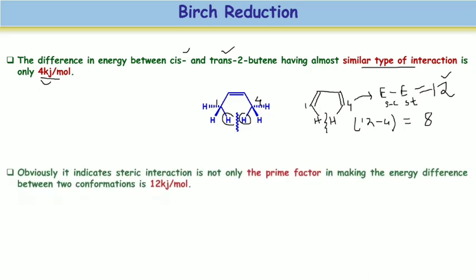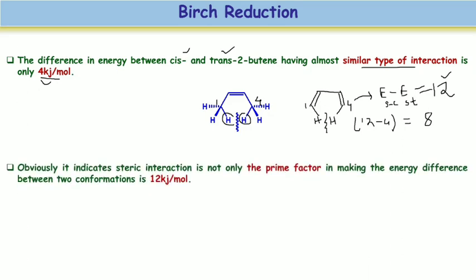So if steric repulsion is the only prime factor in S-cis conformation of butadiene, then the difference between S-cis and S-trans conformation will likely be around 4 kJ per mole, right?